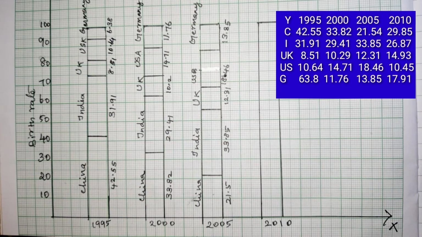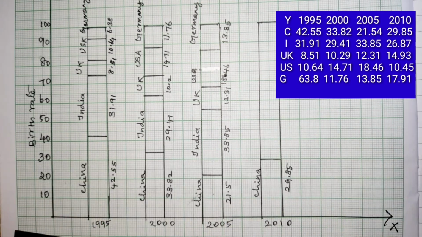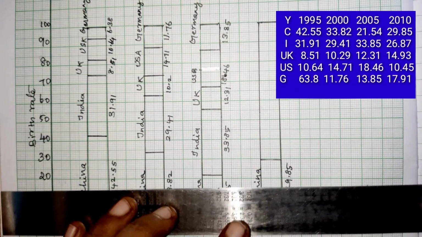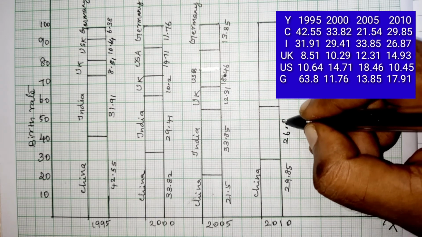For the year 2010, the birth rate for China is 29.85. It is some point here. And for India, the birth rate is 26.87, so you mark it at 56.72.